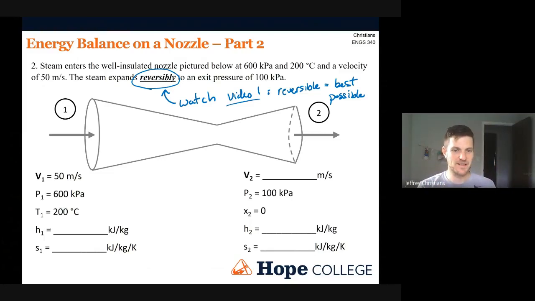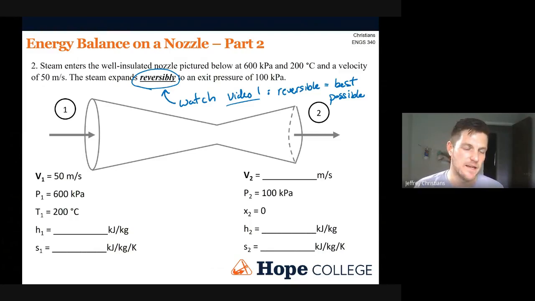If you took something and compressed it, and then you let it expand, the whole universe would be exactly the same as it was before you did that. That's like the quick 30-second definition.